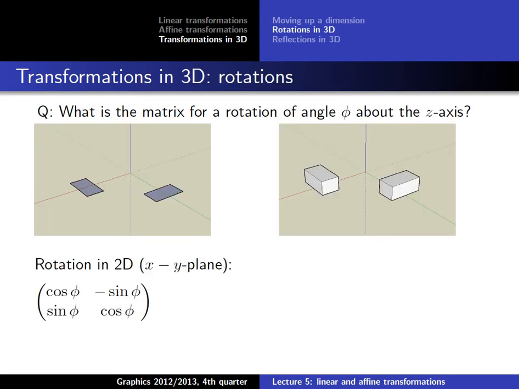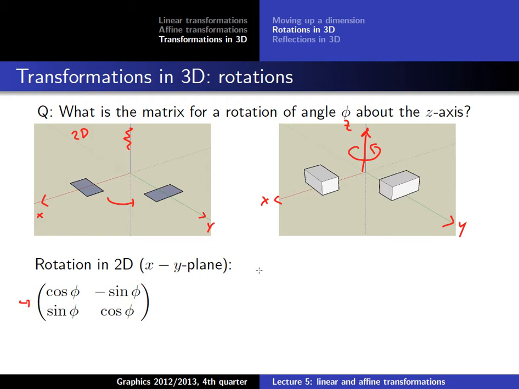So let's look at an example for rotation first. Let's look at a simple case, which is, for example, a rotation around the z-axis. So if this is our coordinate system, and this is the z-axis, and these are x and y, then we want to rotate around the z-axis. Now, if you look at rotation in 2D, so forget about this here, just assume you have x and y, then we know the rotation for the x and y values can be calculated by this transformation matrix.